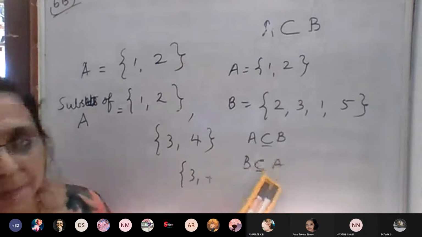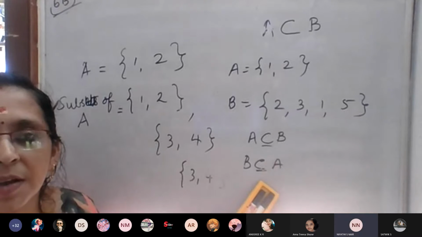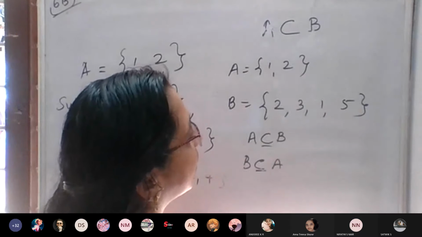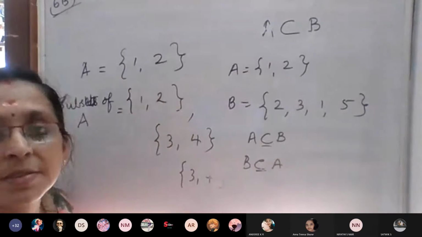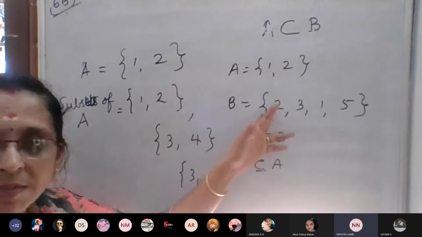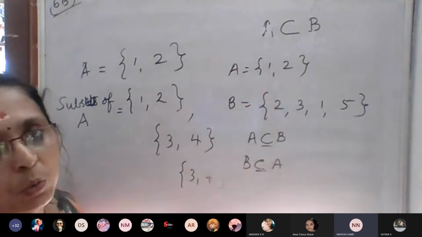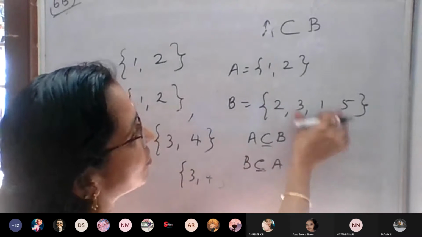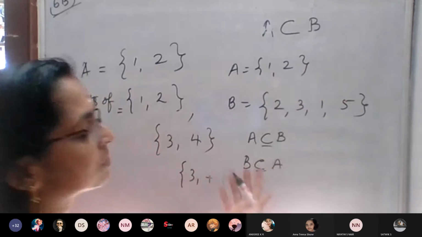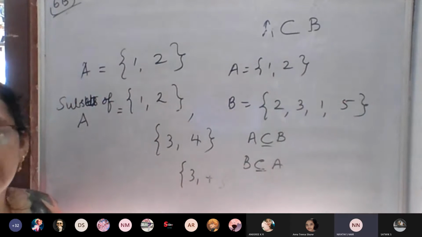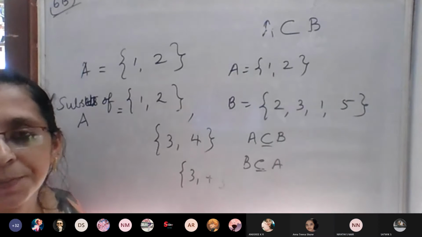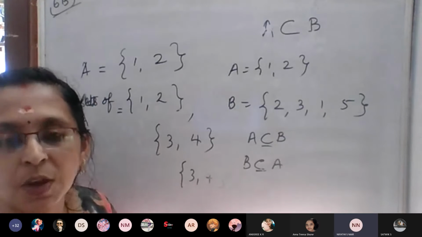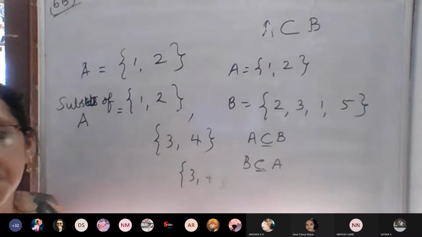If all the elements of B are there in A, then only we can say that B is a subset of A. Can we say B is a subset of A here? No, ma'am. A has 2 and 1, B has 3 and 5, which are not in A. So B is not a subset of A. Understood? So subset means all the elements should be there in the other set. Then only we can say that A is a subset of B.